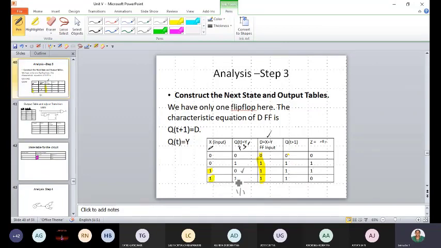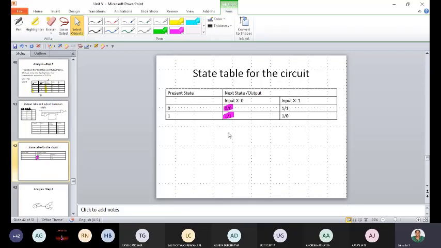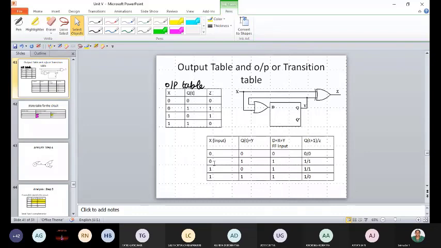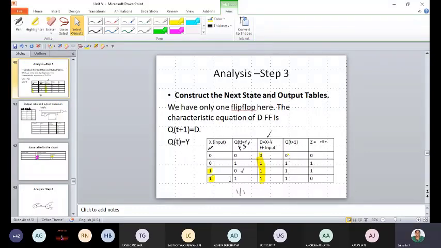See, when your input is 1 and your present state is 0, you have 1 slash 1. The next thing, when your input is 1 and your present state is 1, you have 1 slash 0.